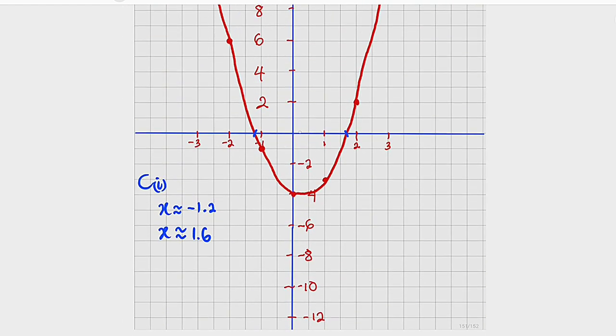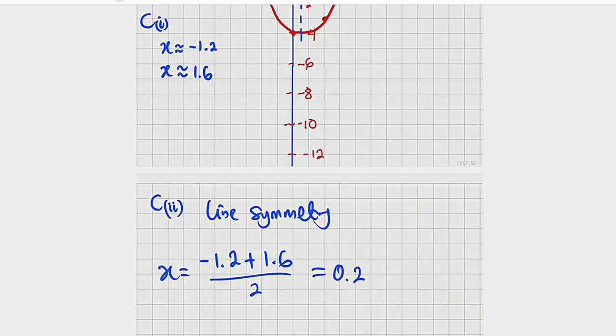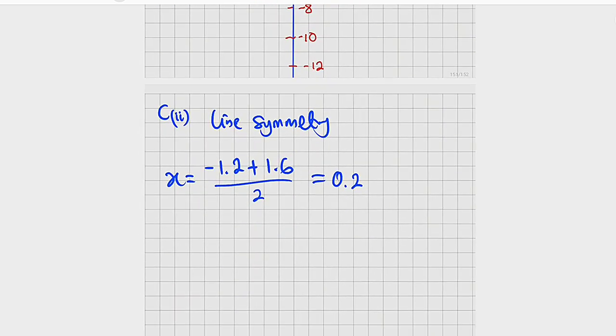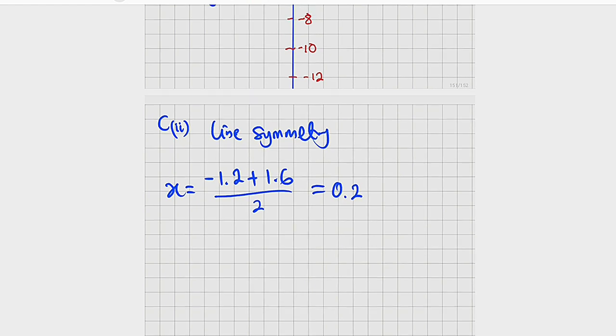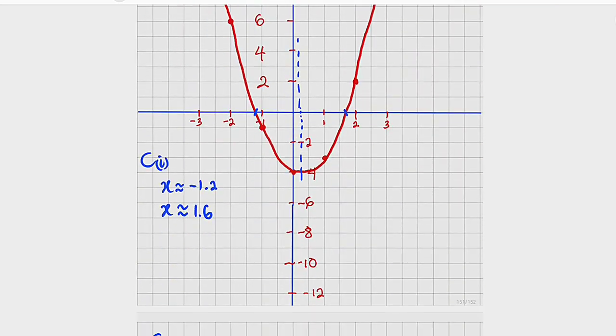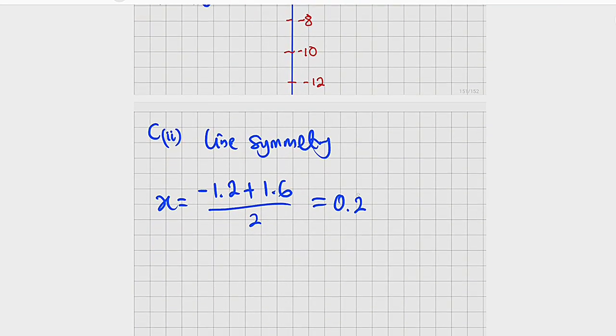So at 0.2, which is somewhere here, I cannot actually see that, it's the place where the curve starts taking a turn. It starts increasing from that point. So the values of x will be from that point up to positive infinity. If we use the boundary, because they say we should stop at x equals 3, from -3 to 3, we are going to take the values of x from 0.2 to 3.